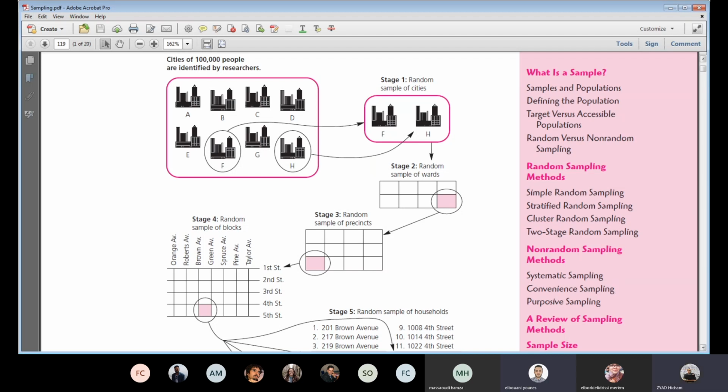And to conduct this type of sample, one can use many tools like random number generators or random list number generators or other techniques that should guarantee that the choosing of the participants is entirely based on chance, not any purpose. Okay, good. But what is this technique that is most frequently used when we want to do simple random sampling? And the chapter talks about it. Table of random numbers. Okay, so that's it.